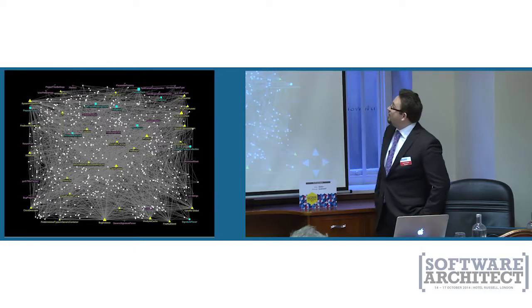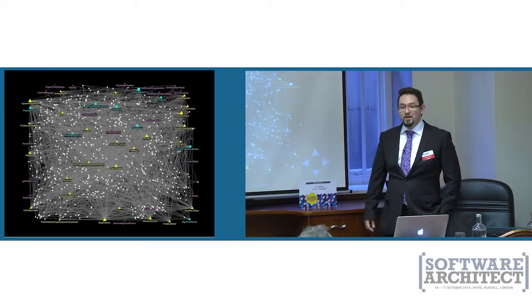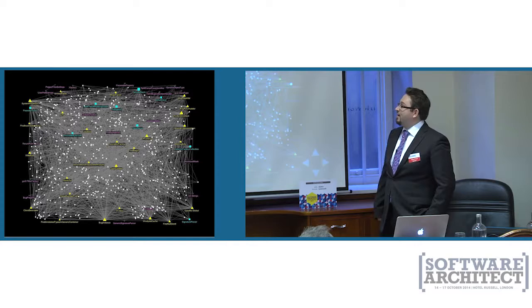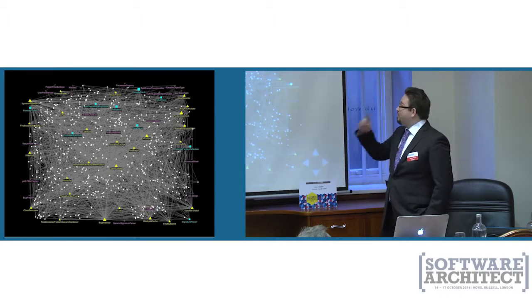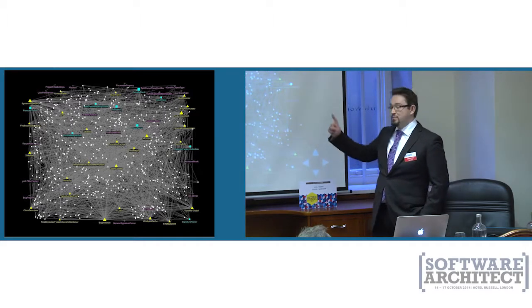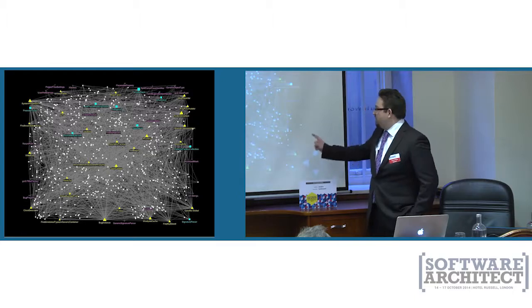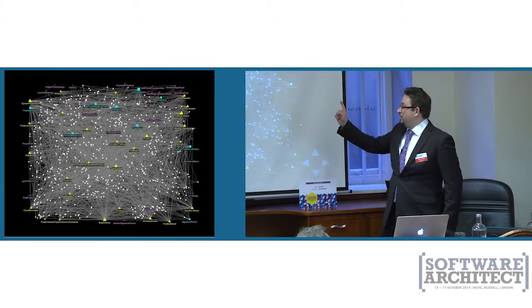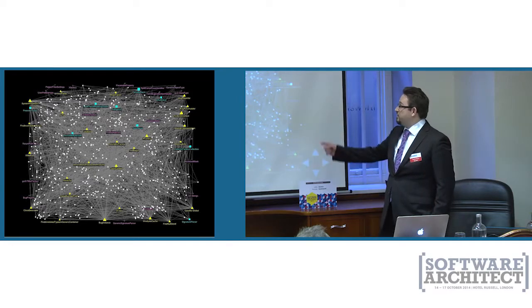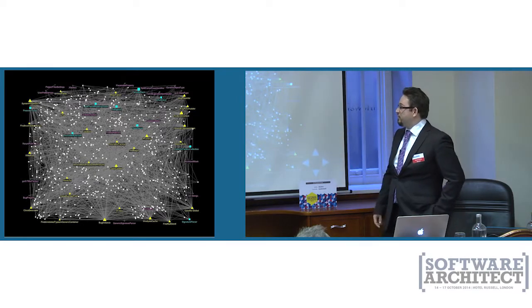Another one. This is a code graph of a popular open source project written in Java. The code graph shows us the dependencies between objects, which are marked with the white dots, and the classes, which have the other shapes.